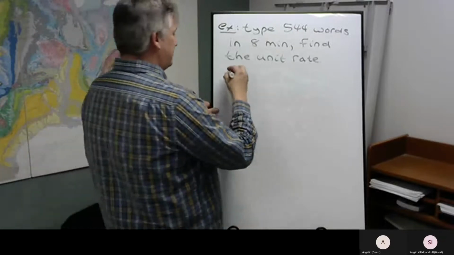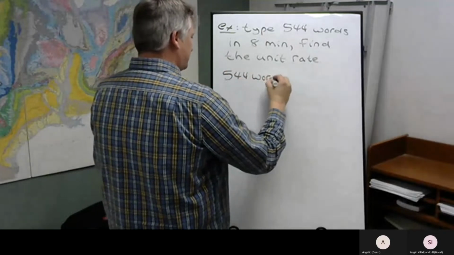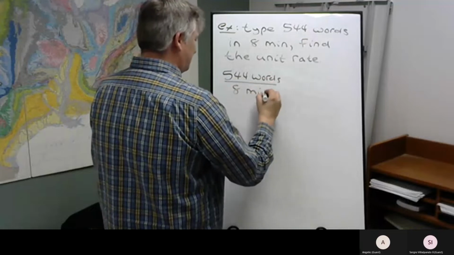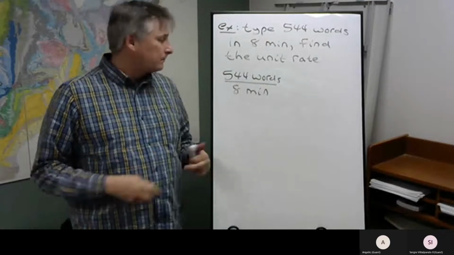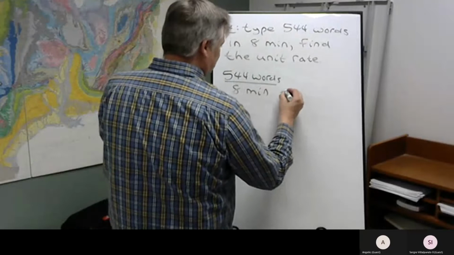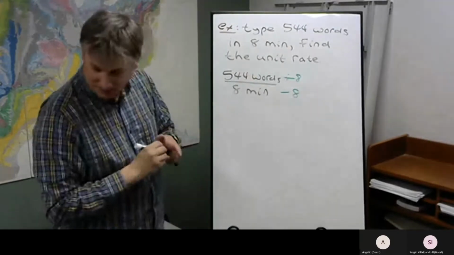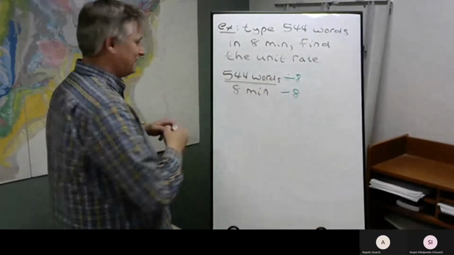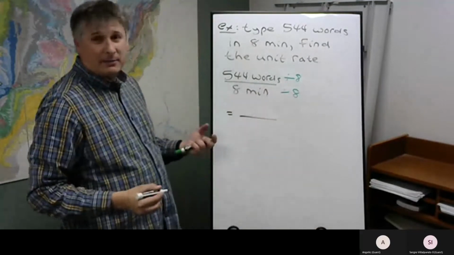So we can start out with 544 words for 8 minutes. Now we want the bottom number to become 1. So that means we're going to divide by 8. Well, 8 divided by 8 is 1.